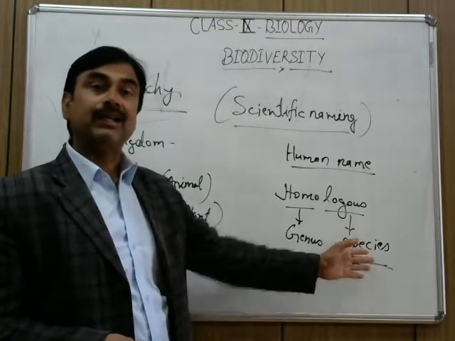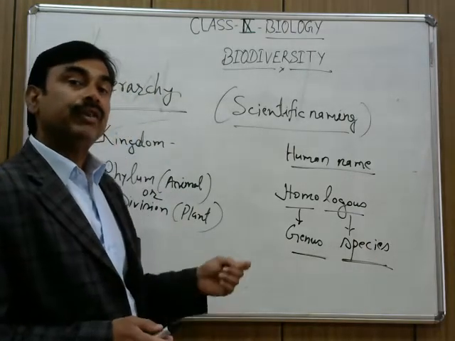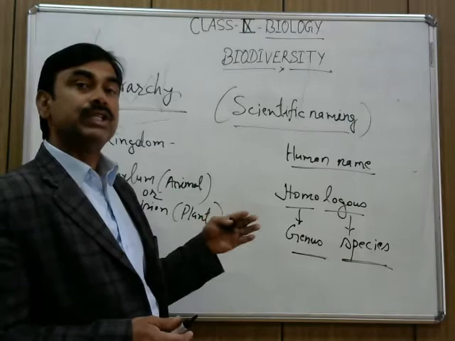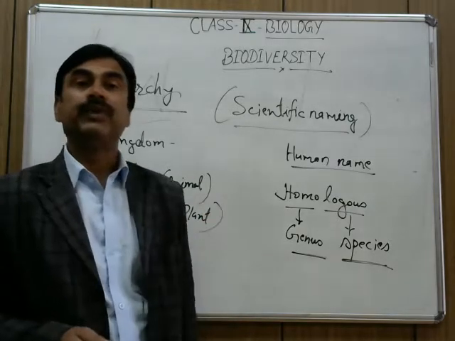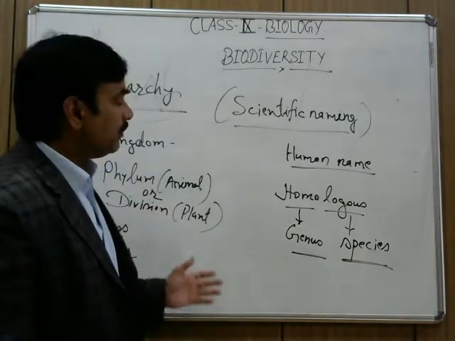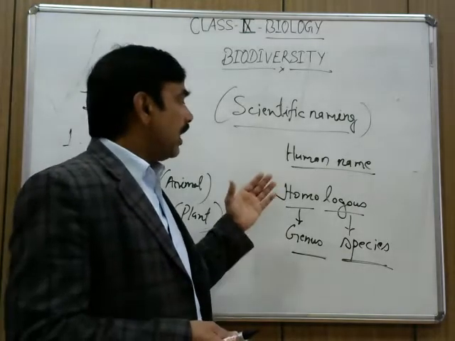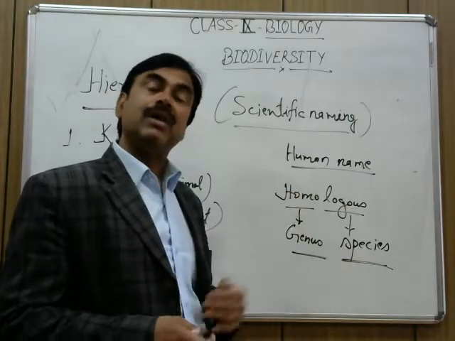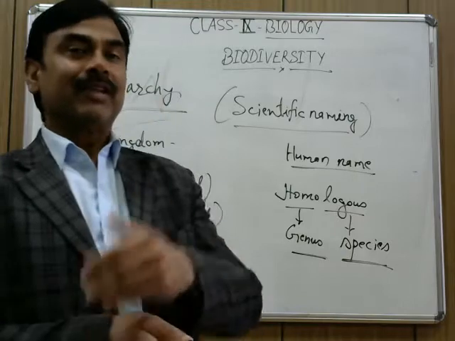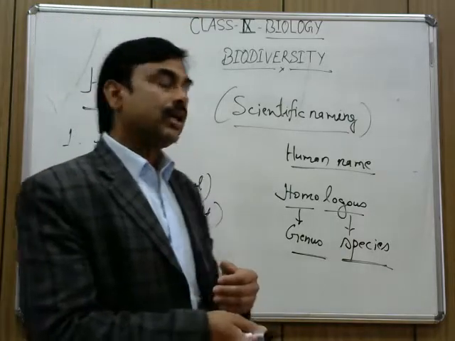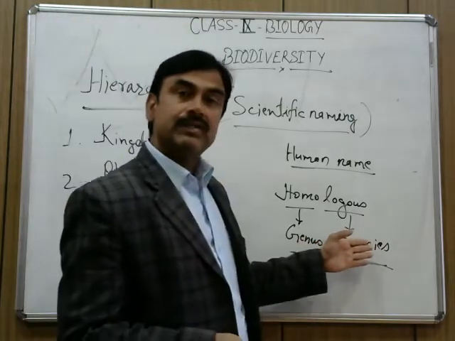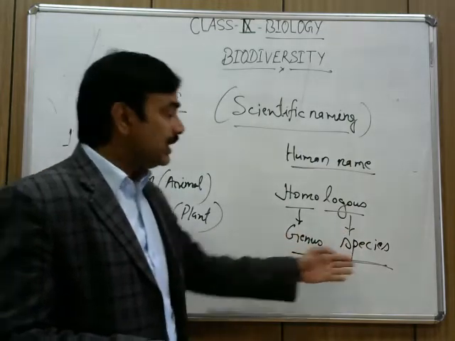And if you begin your genus name with a small letter, that is wrong. In the international coding, it is very clear that the genus name always starts with a capital letter, and the species always starts with a small letter and in italics also.